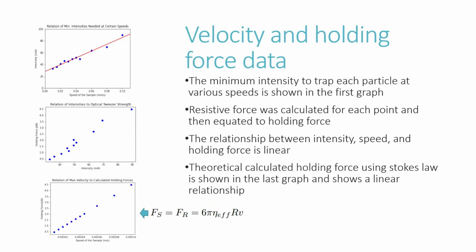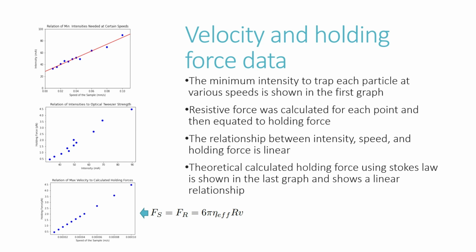Now going over the data that we obtained for the velocity and holding force, as you see in the very top right graph, we have intensity on the y-axis and the speed of the sample on the x-axis. We see that as you increase the speed of the sample, you get a linear increase of the intensity required, the minimum intensity required to trap the particle at each speed.